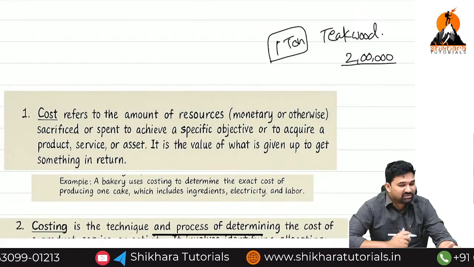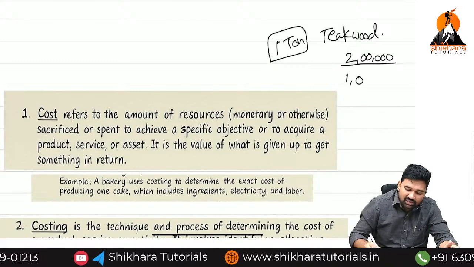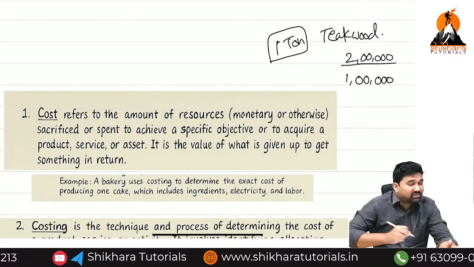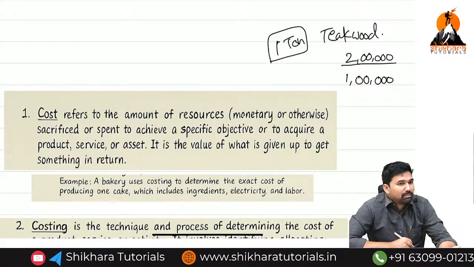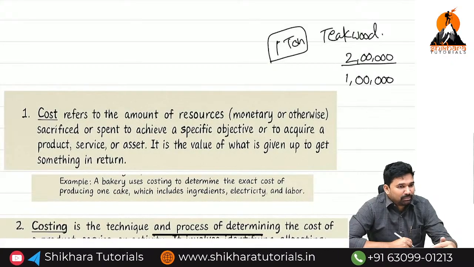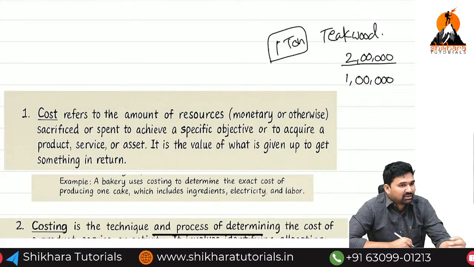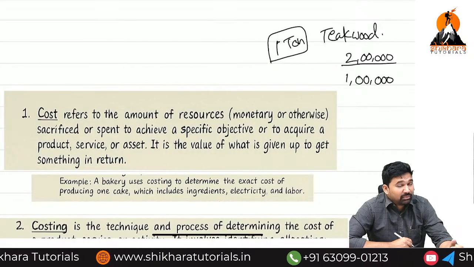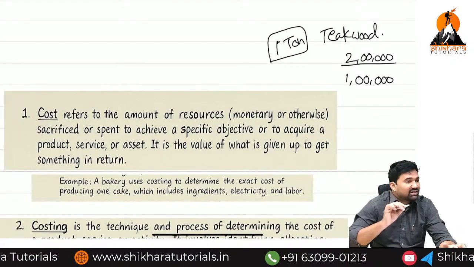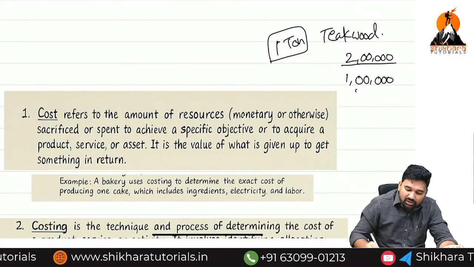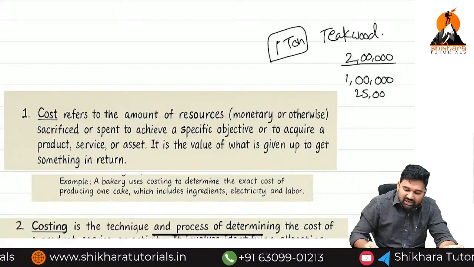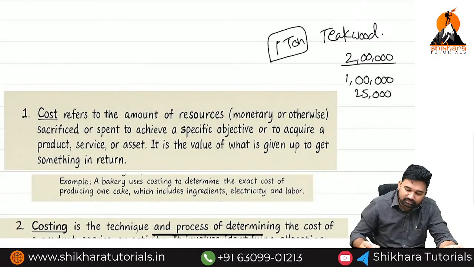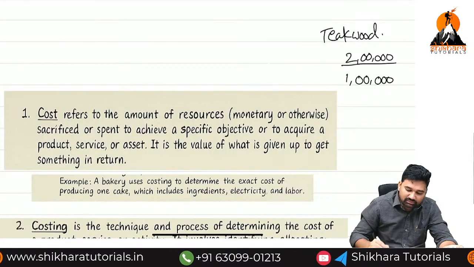And for materials, for painting, garnishing and other materials used in the manufacture of the cot, another 25,000 is incurred.